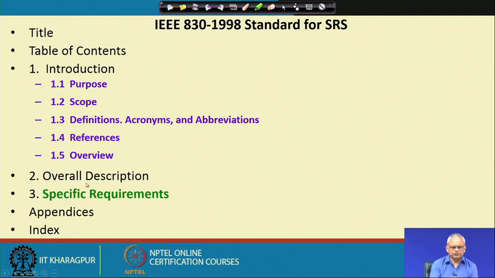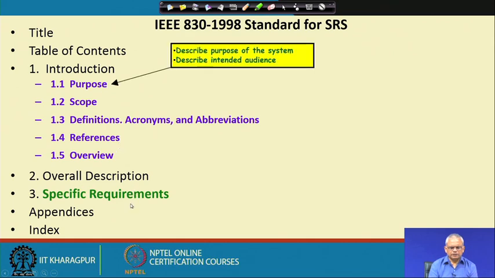The introduction should have subsections called purpose, scope, definitions, acronyms, abbreviations, references, and overview. The purpose should say what the system will serve, it is a general introduction, and describe who the users are.